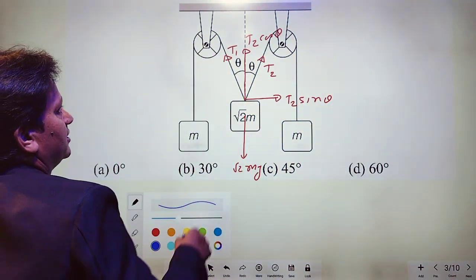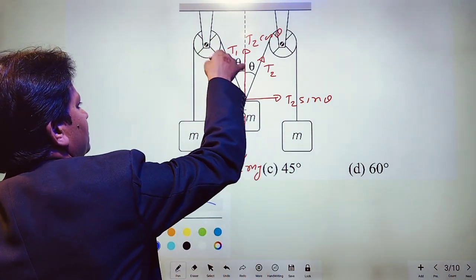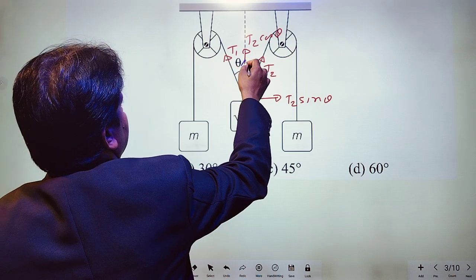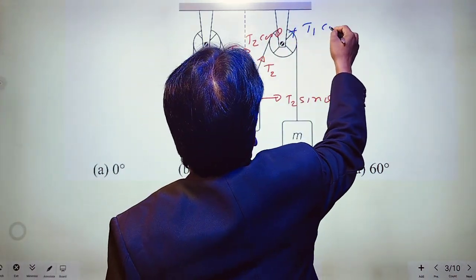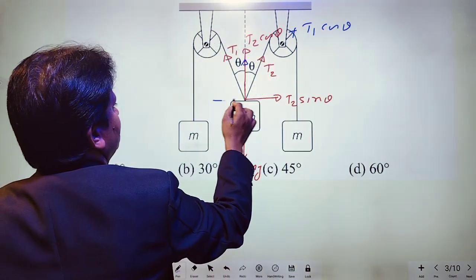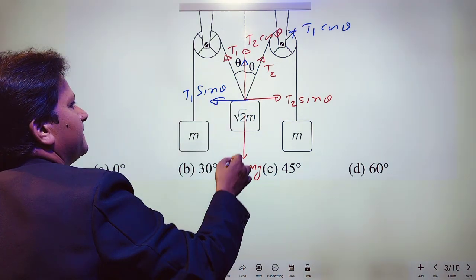Similarly, drawing the components of T1, this component will be T1 cos theta, and this component will be T1 sin theta.